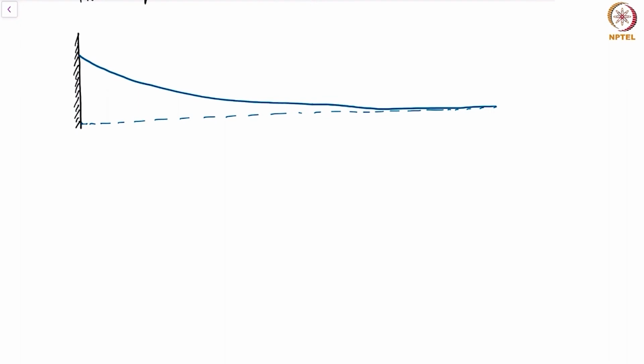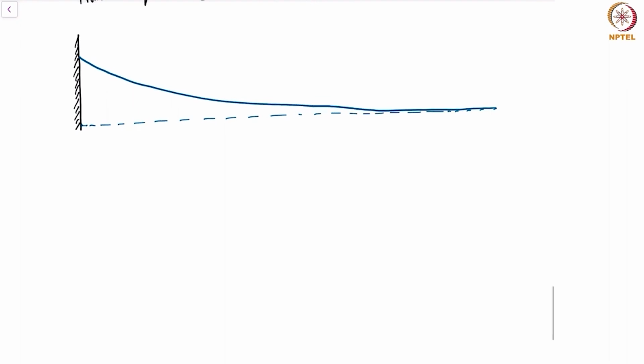Okay. Now we want to do a force balance. That's what we want to do. Now how do we do a force balance? Let's take a control volume that is enclosing a part of the meniscus, coming all the way from plus infinity to some location x.